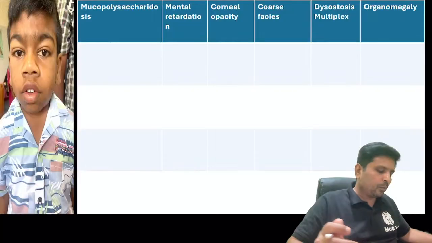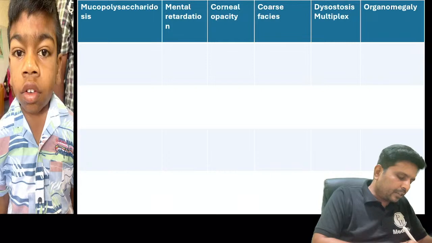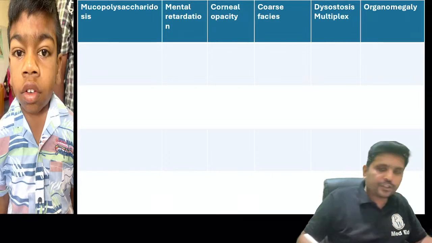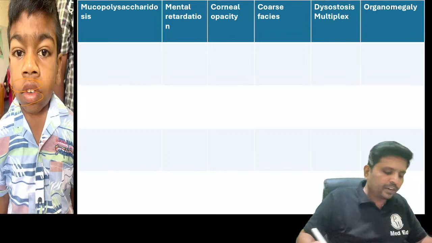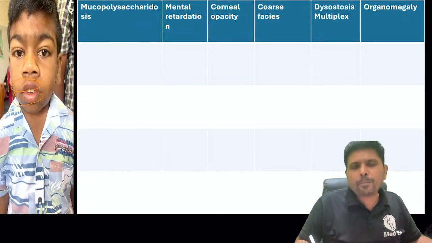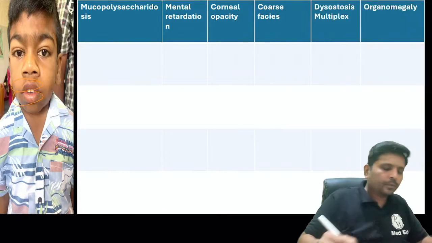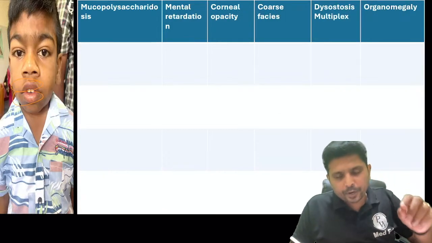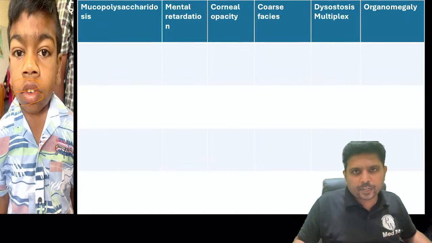Right. Now, what is this? Look at this, coarse facial features, thick lips. What is this? Mucopolysaccharidosis. Is it possible to decode the different types of mucopolysaccharidosis?